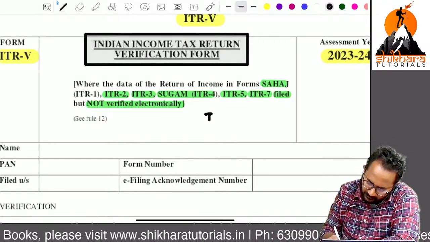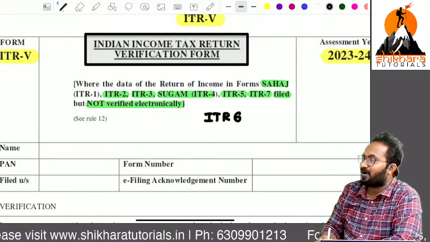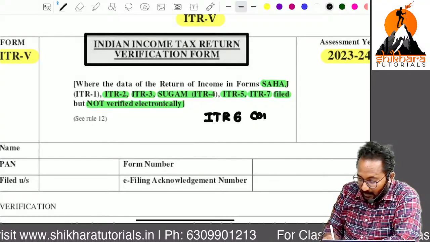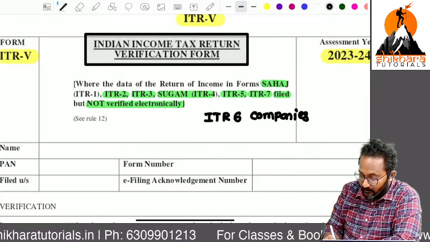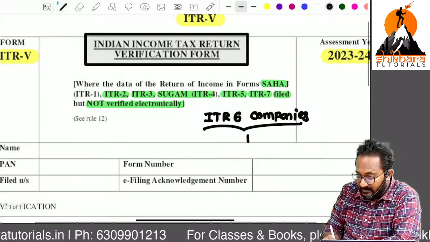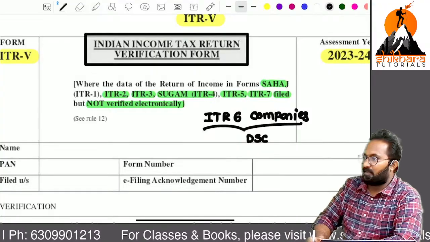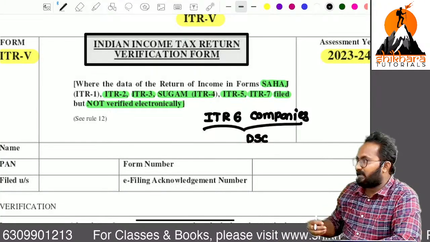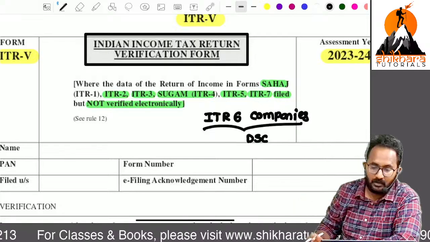But which ITR form is excluded here? 6. What is it, ma? Companies. So companies always need to file return of income with a digital signature, not Aadhaar-enabled OTP. Companies are always required to submit their return of income with only one mode of filing. What is that? Digital signature.